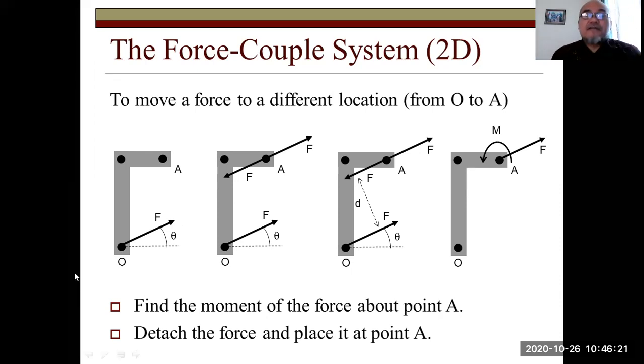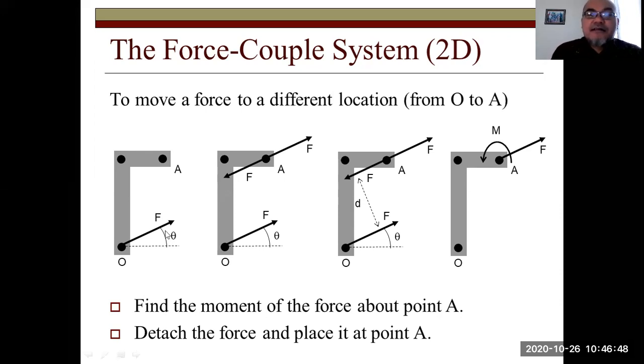Because when this force occurs at the structure, it will also rotate the structure, right? So it will create a translational motion as well as a rotational motion. So we can replace this with another force occurring at the axis of that rotation plus a moment about that point.